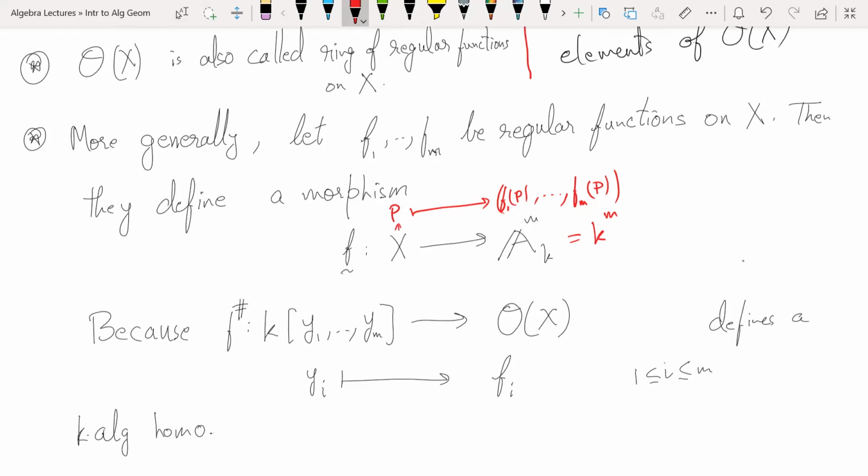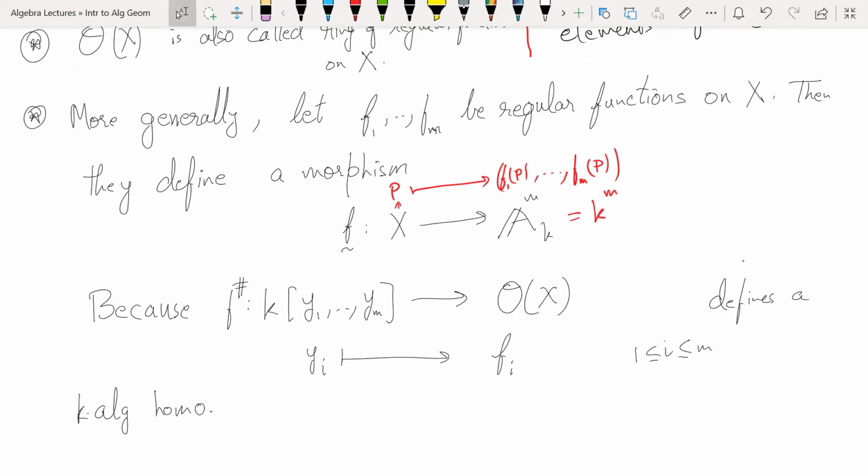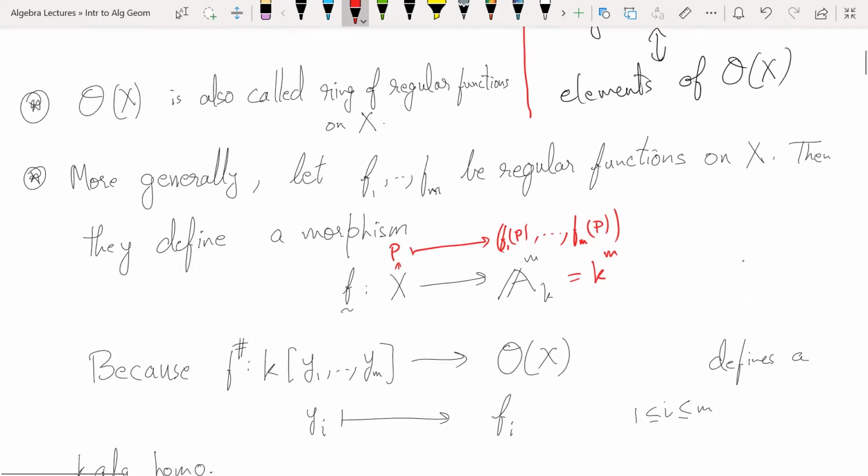You have some maximal ideal here, you look at its pre-image, and you get this map. You can verify this. Maybe I will do it in a bit once I talk about m-Spec and so on. But this indeed gives you this map.